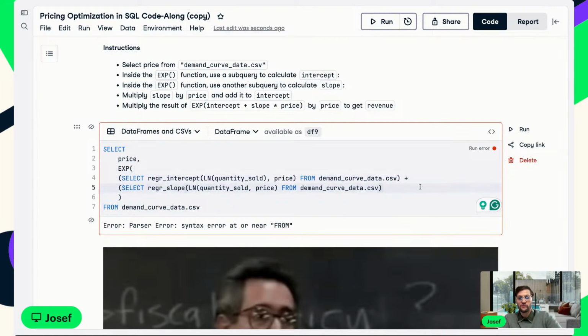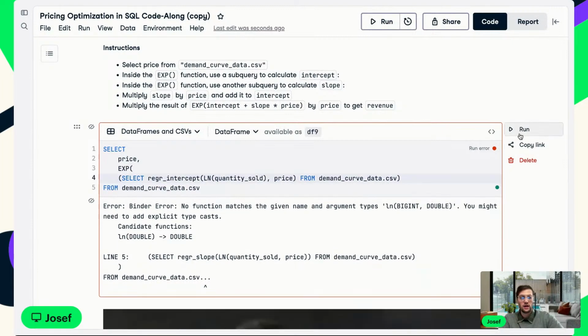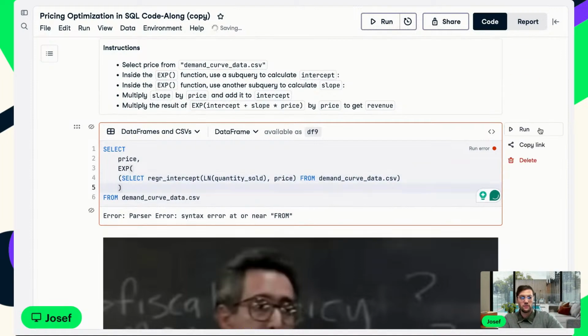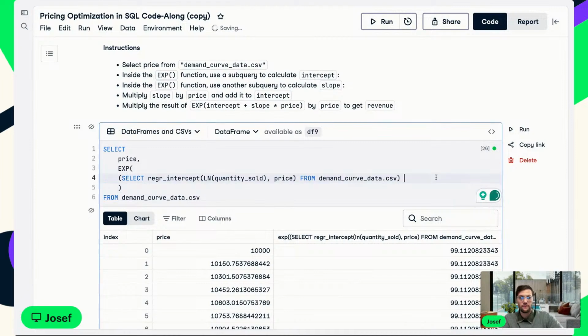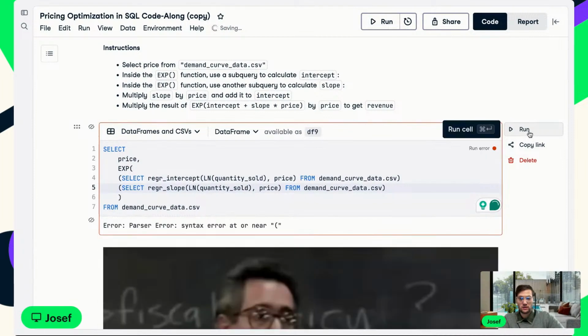Yikes, okay. Again, typing too fast. Let's try that again. Okay, so I have exp. There we go. Now what I'm adding simply is, instead of the intercept, I'm going to find the slope this time. Whoa, what am I doing wrong?